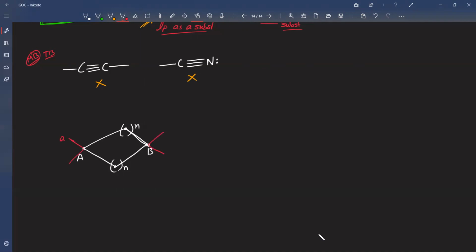And if you have A here, this substituent should be different. If you have A here, the second substituent should be different, or it can be even entirely different from A and B. So it's very simple. Whether you write A here or here, it doesn't matter.